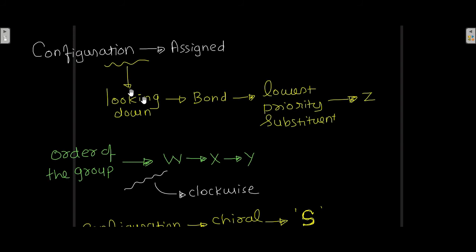Now the configuration is assigned by looking down the bond which has the lowest priority substituent, that is Z. On the basis of that we assign the configuration.